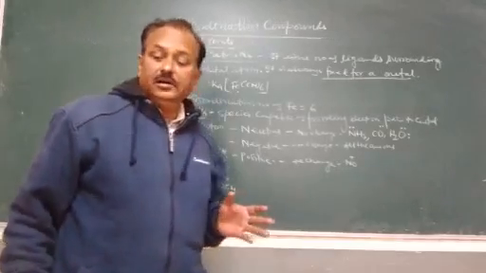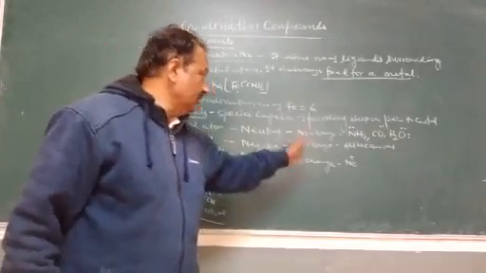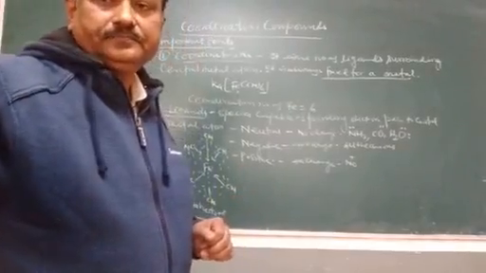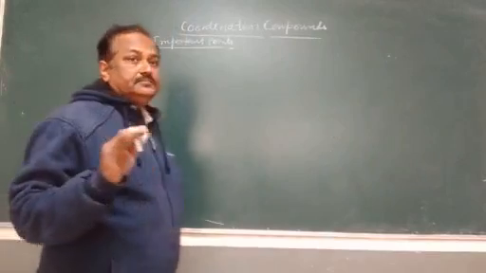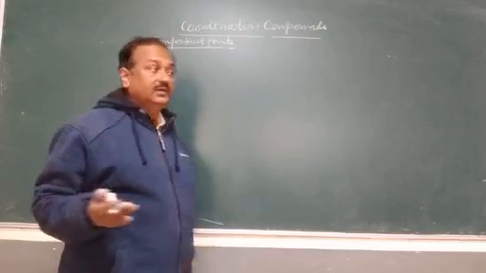So this is about the ligands. Ligands can be of different types, and these are all simple ligands. Ligands can be very complex also. You have seen ligands classified depending on charge: neutral, negative and positive.